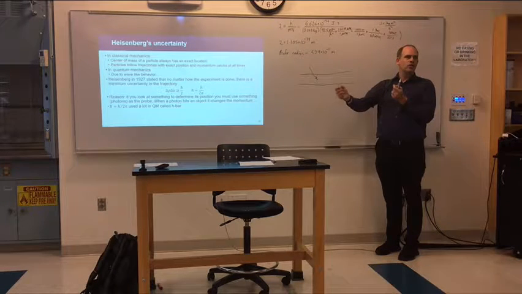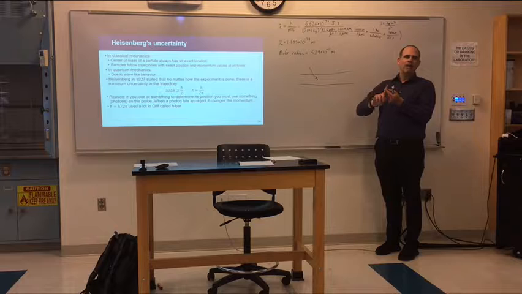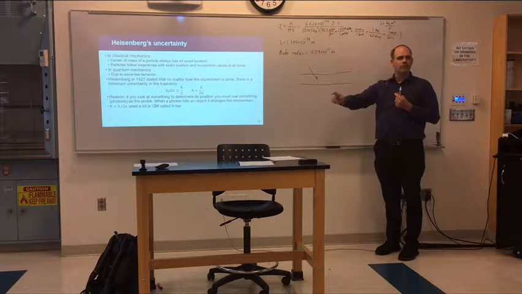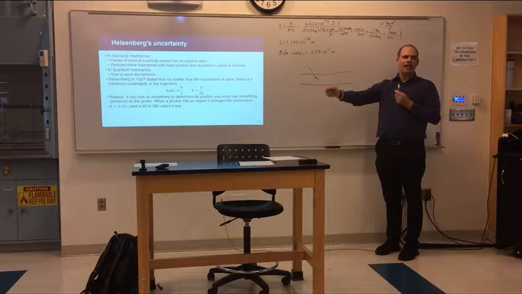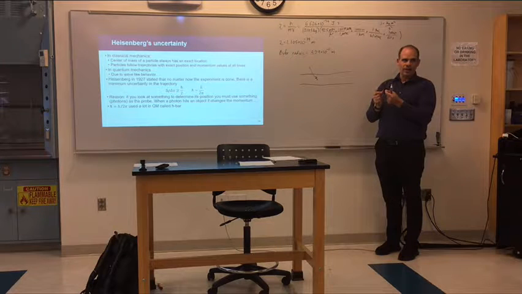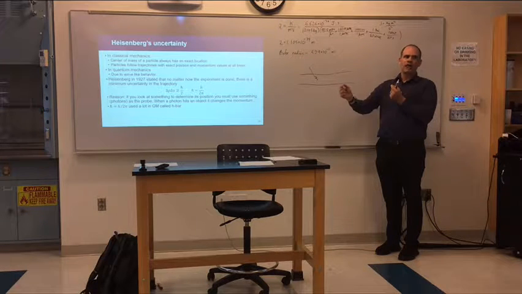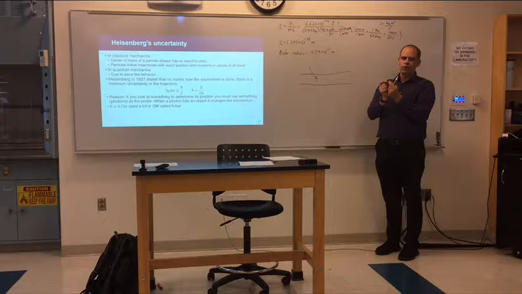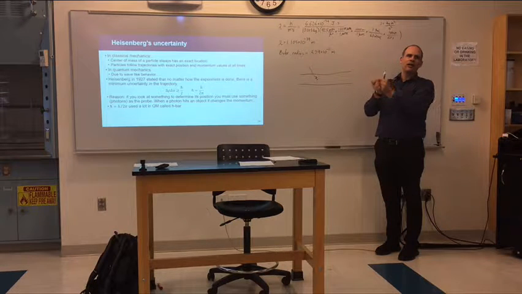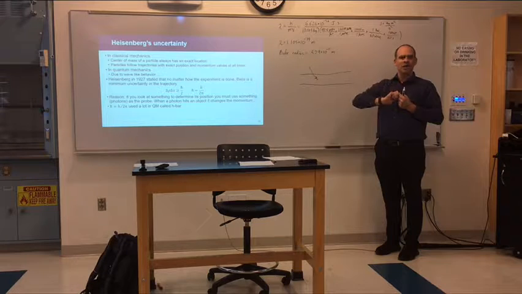But a shorter and shorter wavelength means higher and higher energy photon, which means you're going to disturb the momentum even more. So the more accurately you know the position by using a shorter and shorter wavelength of light, you're hitting it with a higher and higher energy photon, which means you're changing the momentum by more and more.